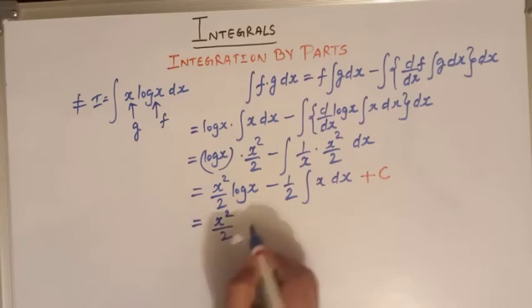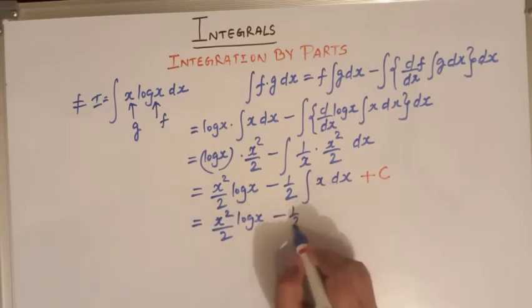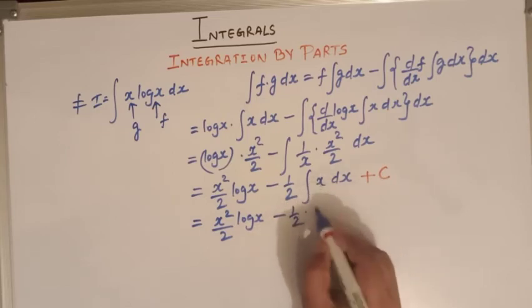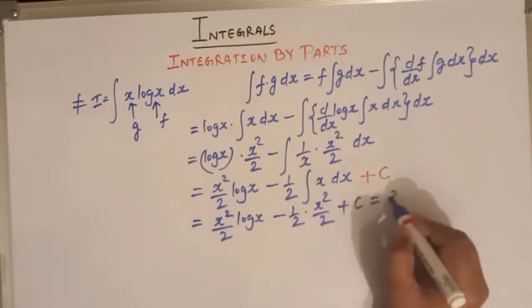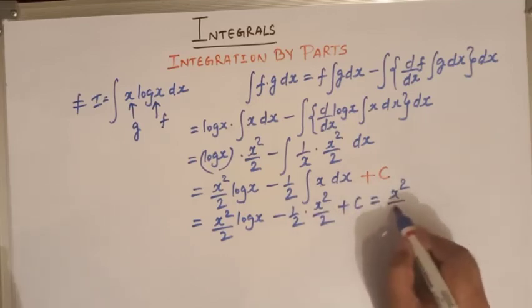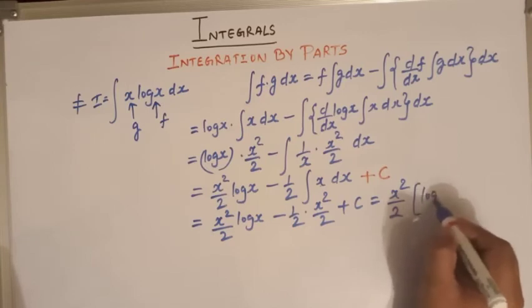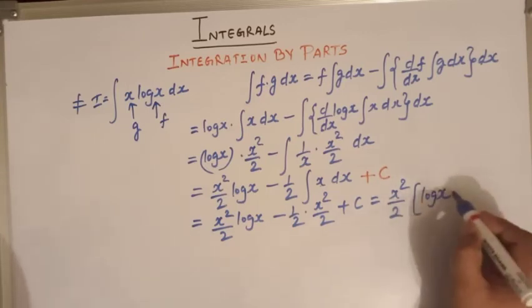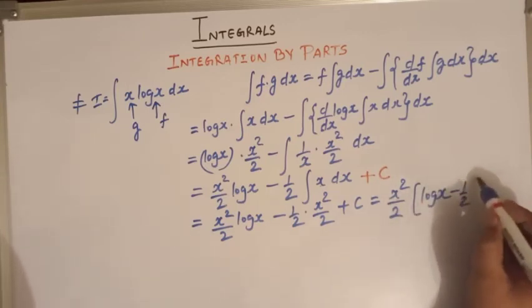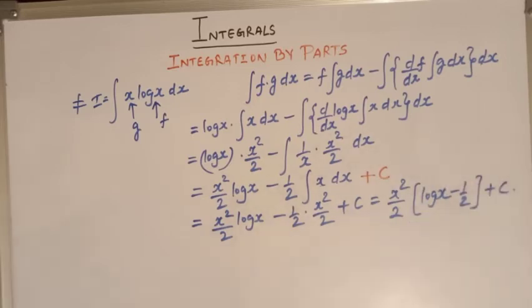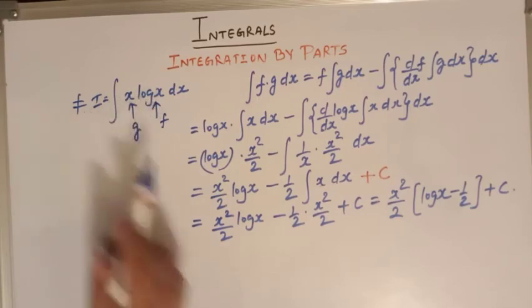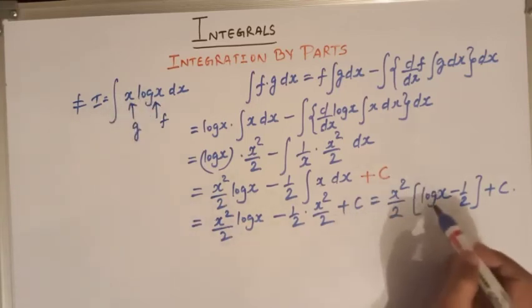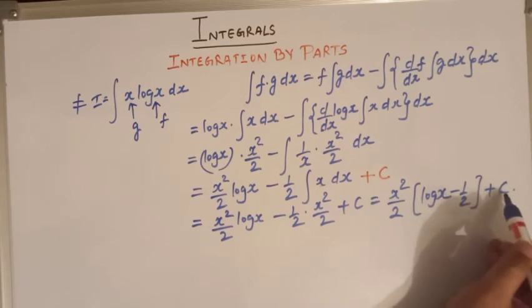Now this can be written as x square by 2 log x minus half times the integral of x, which is x square by 2, plus c, and this can be written as x square by 2 log x minus half, plus c. Clear? So the integral of x log x is x square by 2 times the bracket log x minus half, plus c.